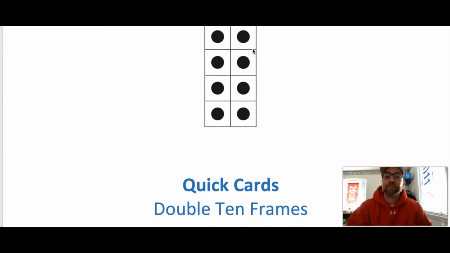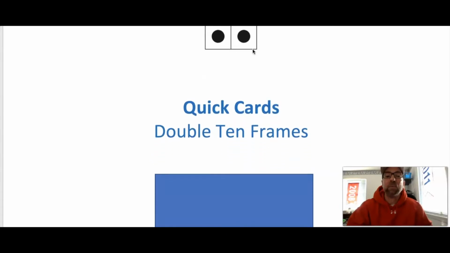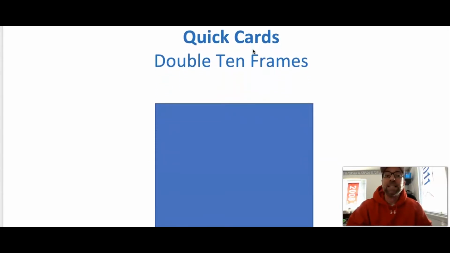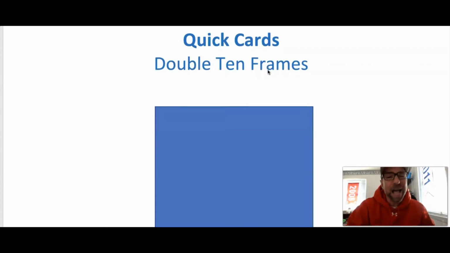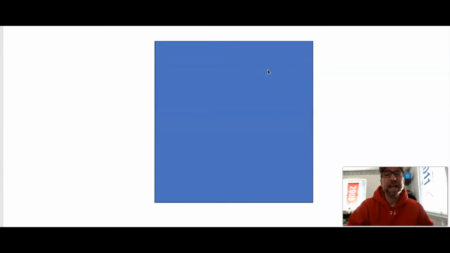All right. We're going to take a look at some more quick cards. But this time, you're going to see some double 10 frames. Wow. Now, if you remember from before, our double 10 frames, that's 2 10 frames. So you're going to see 10 frames and another 10 frames. I want you to tell me how many dots you see.